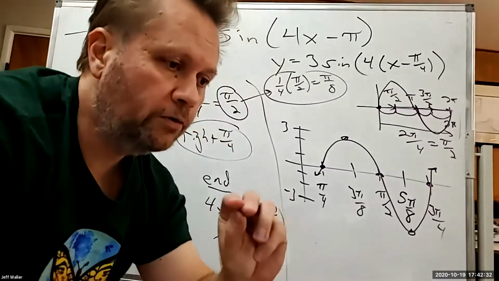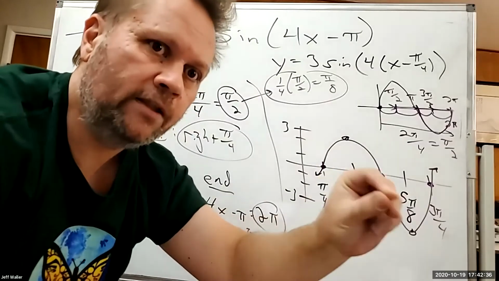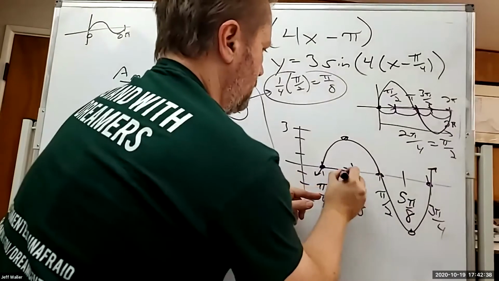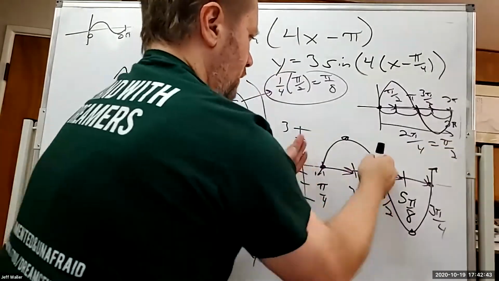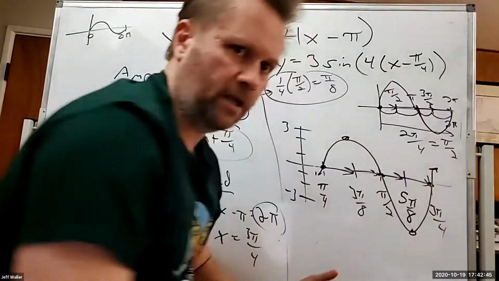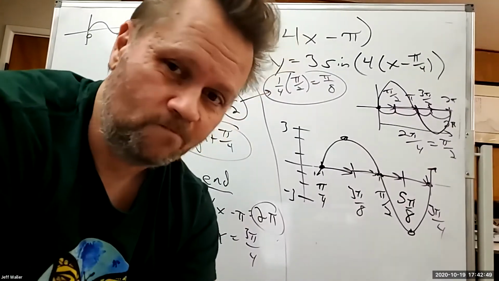And no part of my sine function gets stretched differently than another part. That's why each step is the same size. The whole thing gets stretched and compressed. This side doesn't just get it and this side doesn't. That doesn't make any sense, not for the functions we're working with anyway.